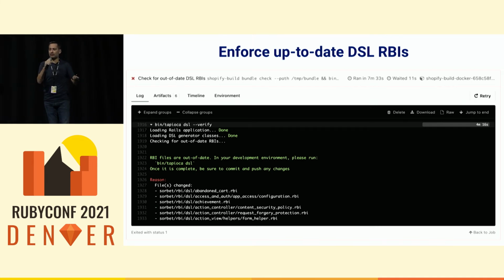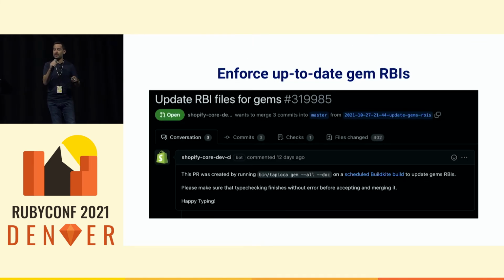If it doesn't, then someone else is going to have type checking problems. So this is a check on CI again, using Tapioca in verify mode to make sure that the RBI files are in sync. And in this case, a few files were out of sync, so we actually failed the build. We could have done the same thing for gem RBIs as well, but we chose not to do that automatically or as a CI check.